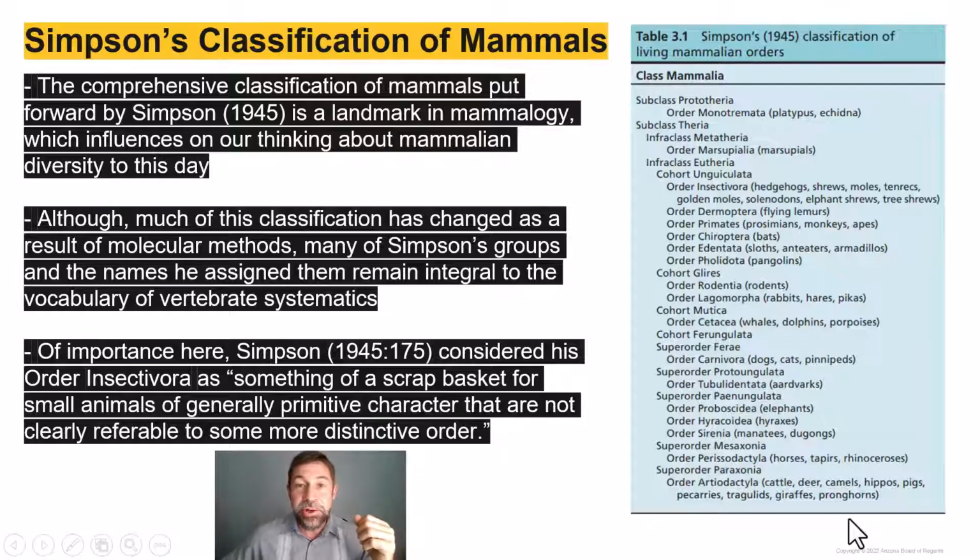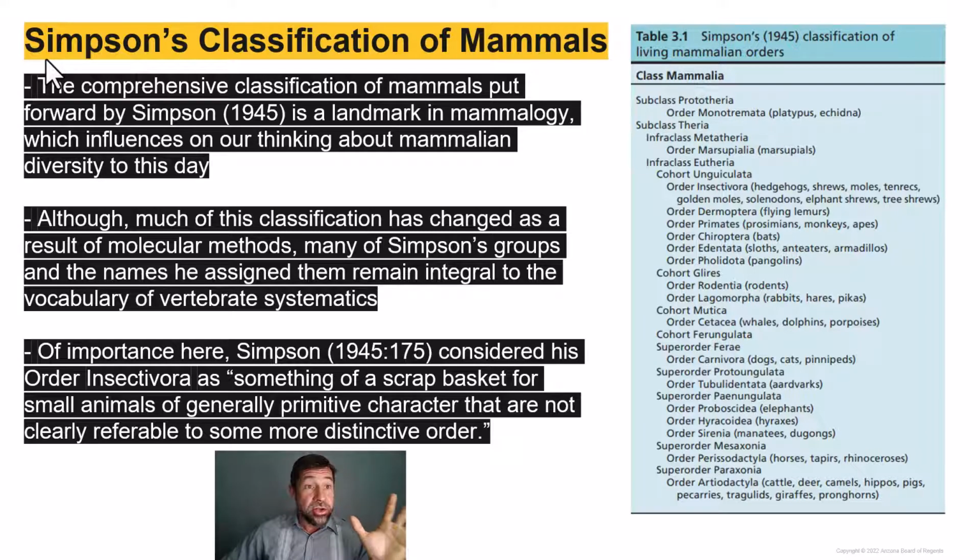All right, let's conclude with a bit of history. George Gaylord Simpson was a professor of zoology at Columbia and a curator at the American Museum of Natural History. He was a prominent evolutionary biologist. He contributed to the great synthesis in biology. He was a paleontologist and a taxonomist.